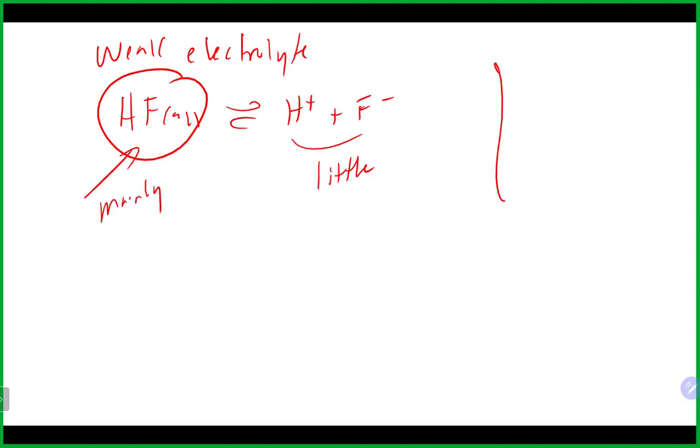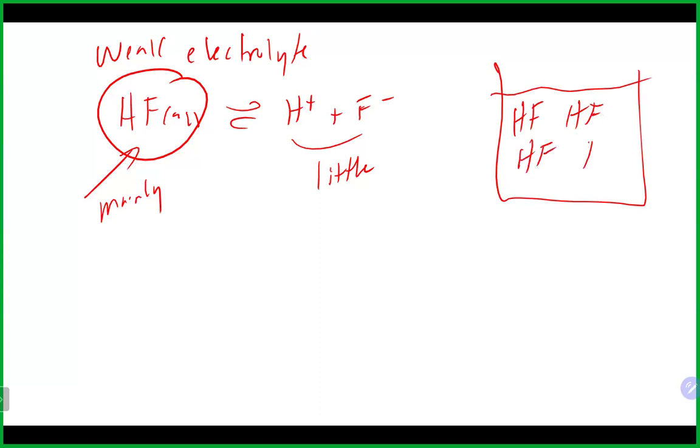If you were to look at a beaker of that, you would mainly find those HF units still floating around, but you would have some of those ions floating around as well. So it is still an electrolyte because it's still able to produce a little bit of ions, but it's nowhere near as strong of an electrolyte as something like sodium chloride, which will mainly break apart.